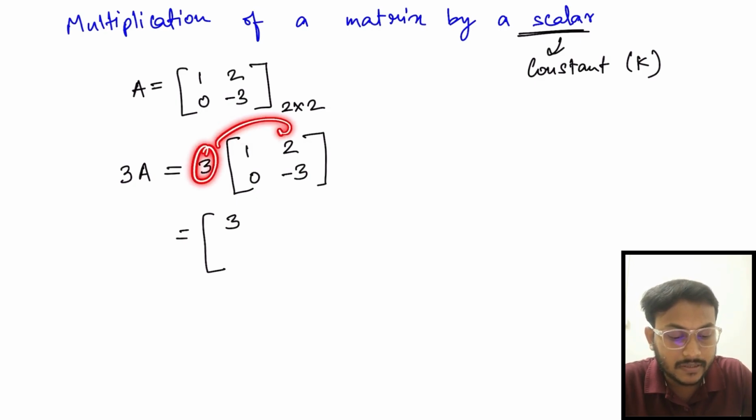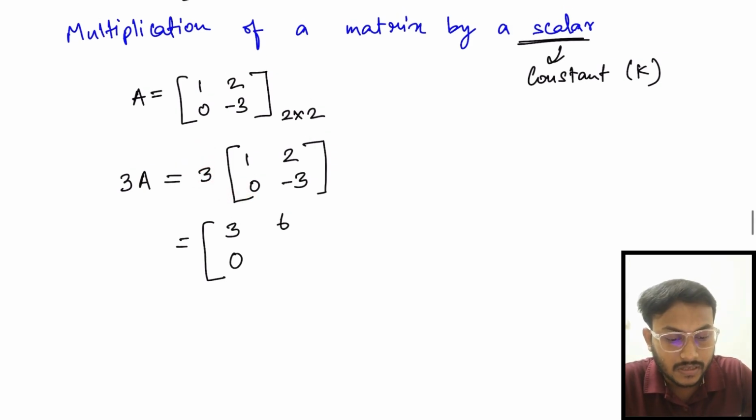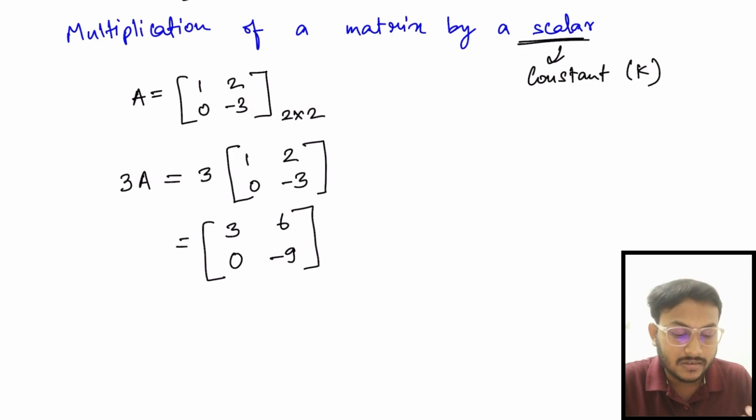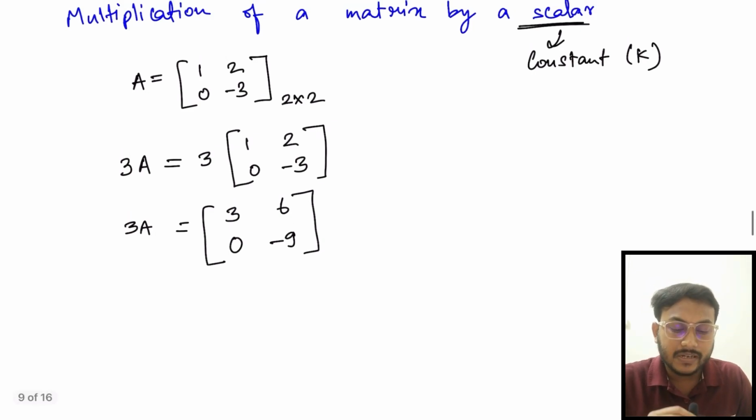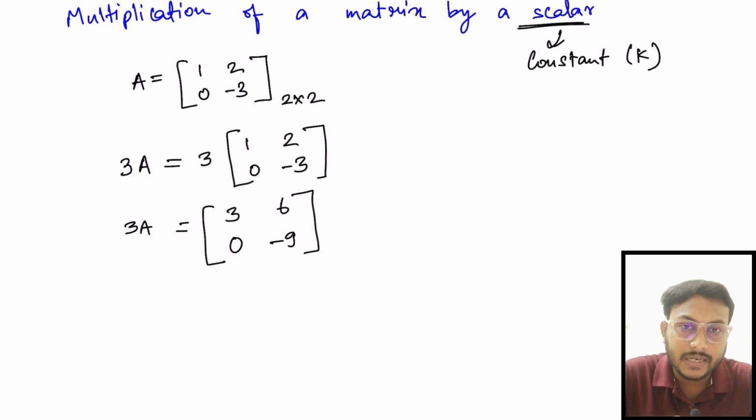When 3 is multiplied with 2, we get 6. When 3 is multiplied with 0, we get 0. When 3 is multiplied with minus 3, we get minus 9. This is the new matrix, and this matrix is 3A.